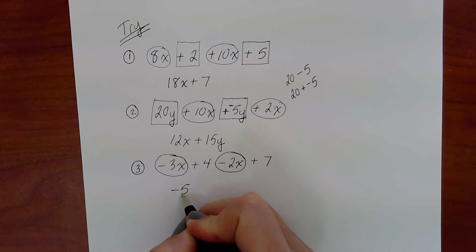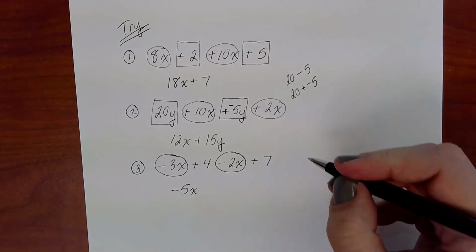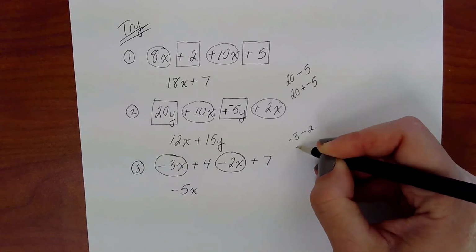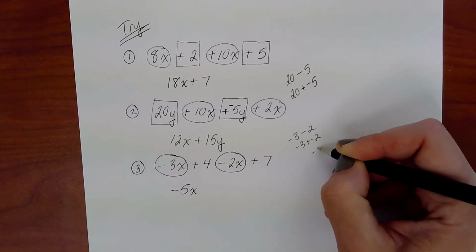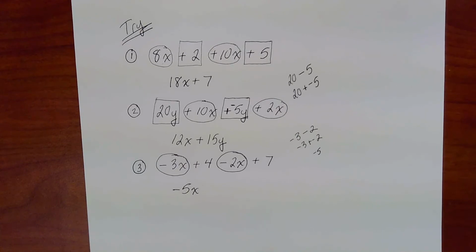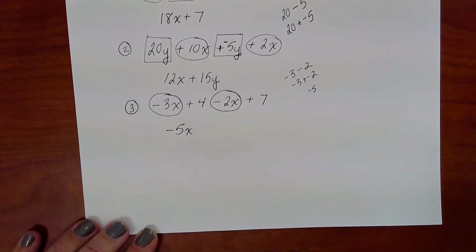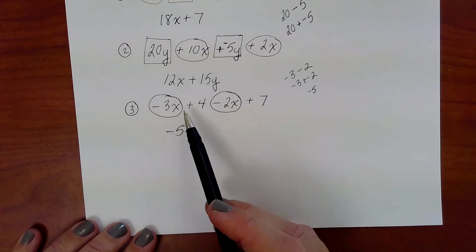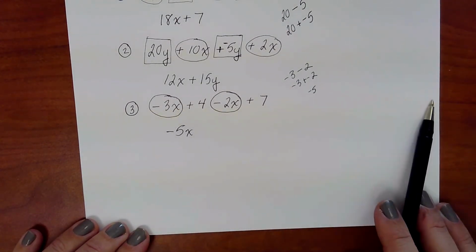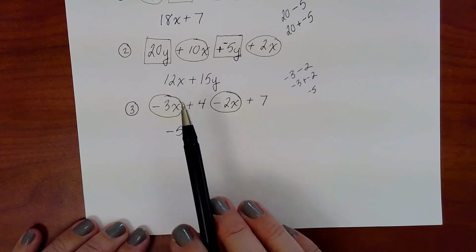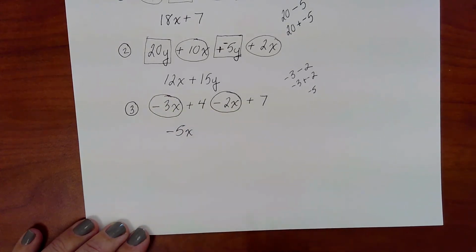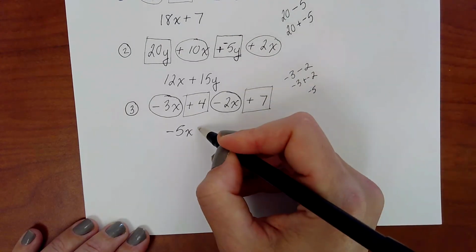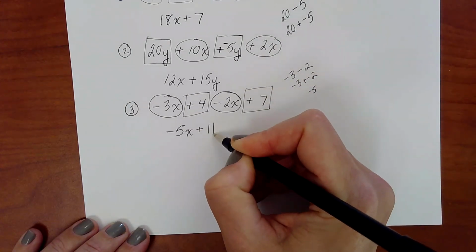That's altogether negative 5x, right? Negative 3 minus 2 is the same as negative 3 with a negative 2. That's negative 5. Okay, so again, you're going to have to pick your poison, see what works for you, but I think that's the way to go. Think that you're adding all the terms together, and that's a negative 3x with a negative 2x. That's negative 5x. Positive 4 with a positive 7. Positive 11.